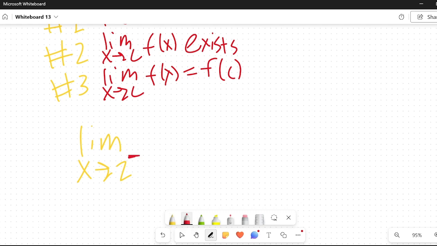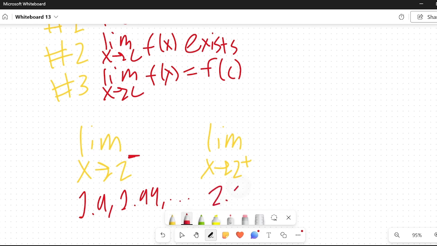This tells us to examine values such as 1.9, 1.99, and so on. For the other one-sided limit, x approaches 2 from the positive side, we're going to be looking at values such as 2.1, 2.01, and so on. So this is the type of values we're going to be looking at.